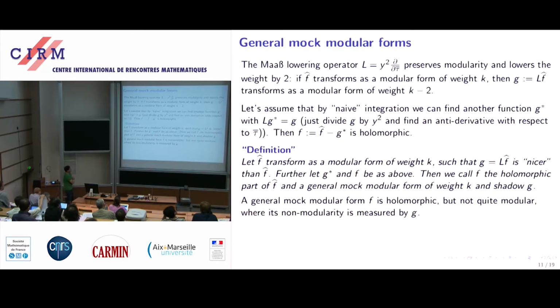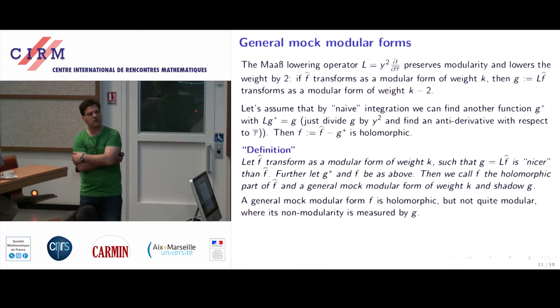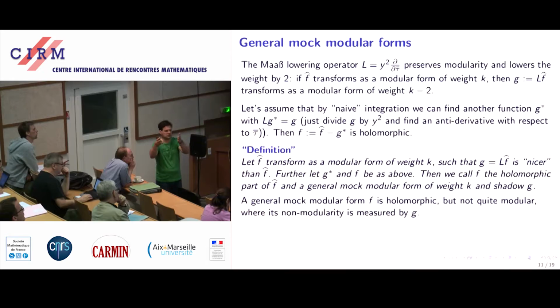And the point is, just as we know for mock modular forms and all the variations thereof, the nice thing is that this holomorphic part is of course holomorphic, but it's not quite modular. We have to add this g star to it such that it becomes modular. G star is the correction term.